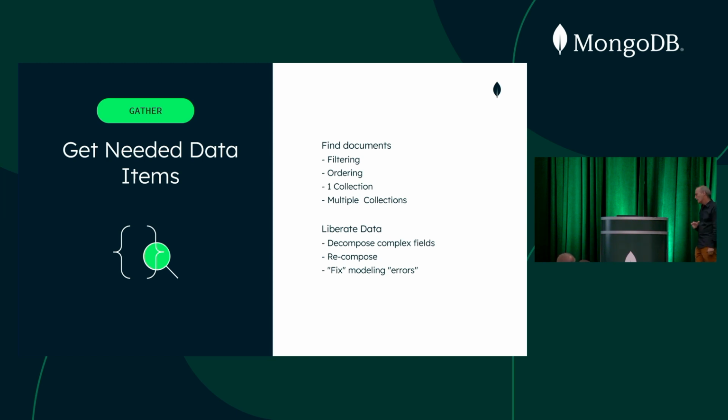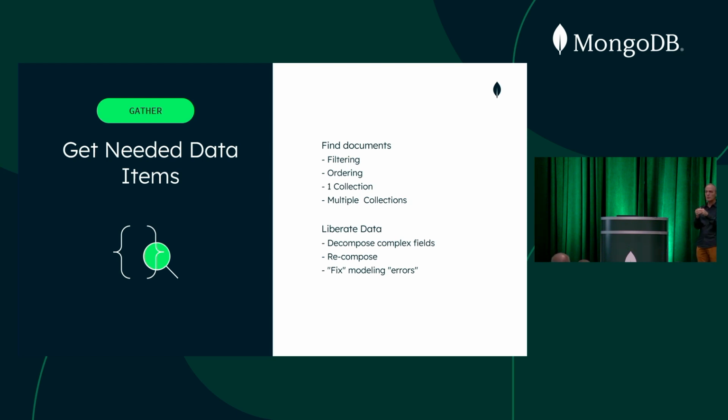The other role that this gather stage does is to liberate data. Sometimes our data on disk, our document model, has been designed by someone intentionally to hold data in a certain way, but it is not the best way for my querying. So this is a bit of preparation, a bit of gathering information from fields that were embedded, or embedded incorrectly, in a document.